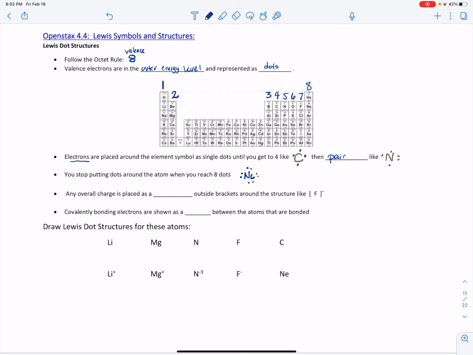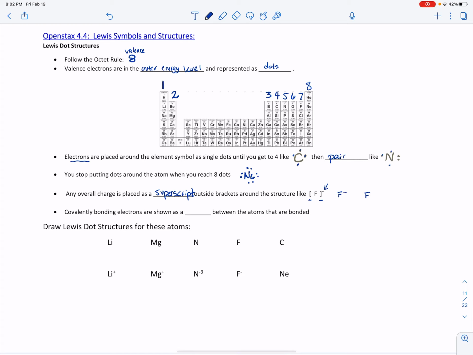Any overall charge is placed as a superscript outside the brackets around a structure. So for example, this fluorine right here, you can see there's brackets with a negative charge. That would only be necessary if you were dealing with fluorine minus.